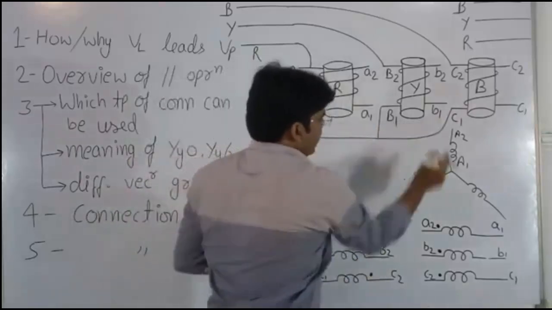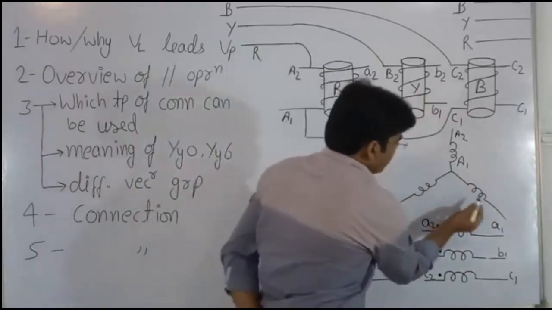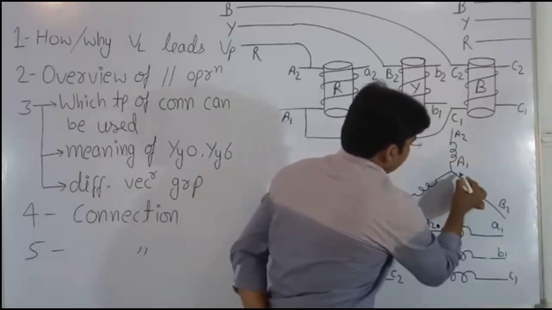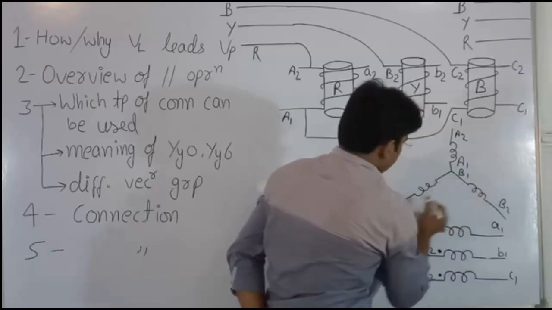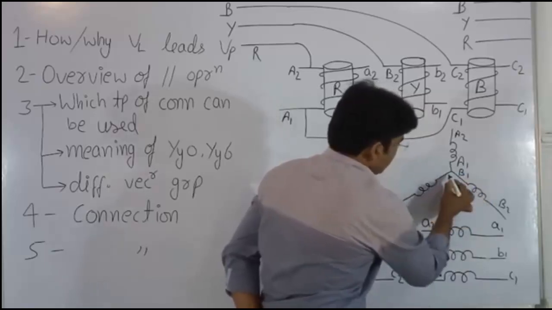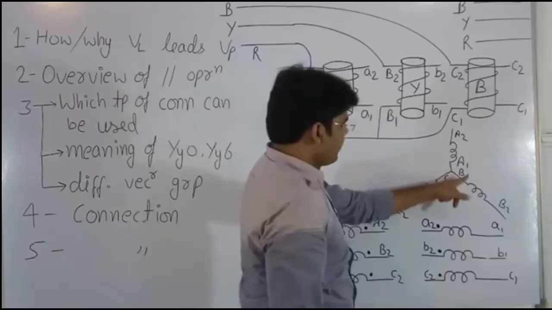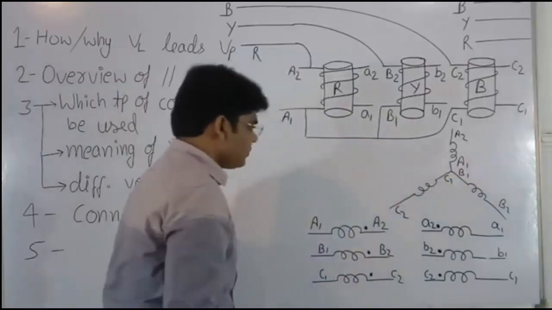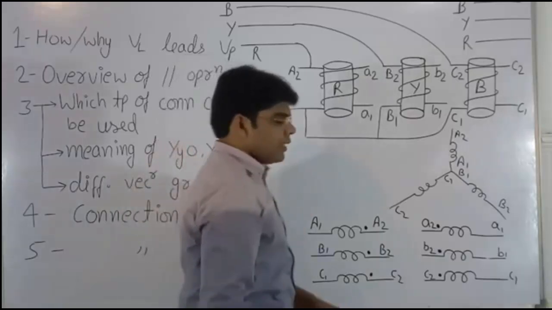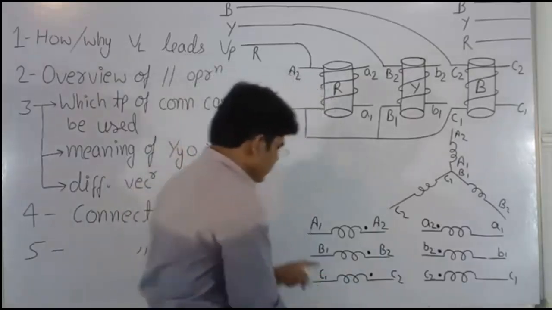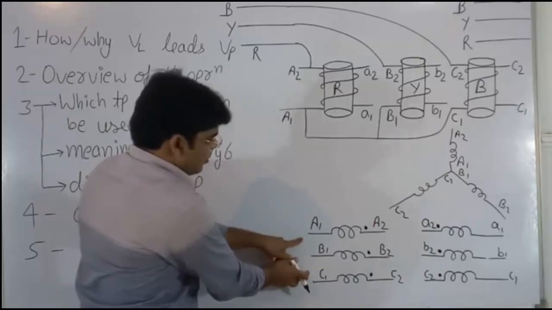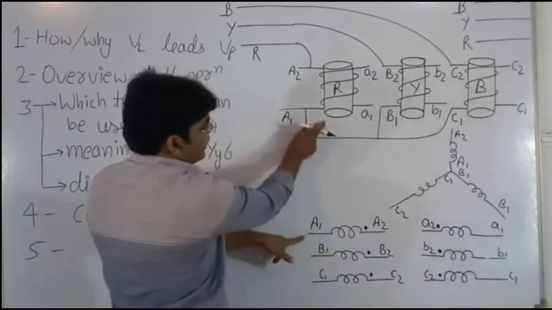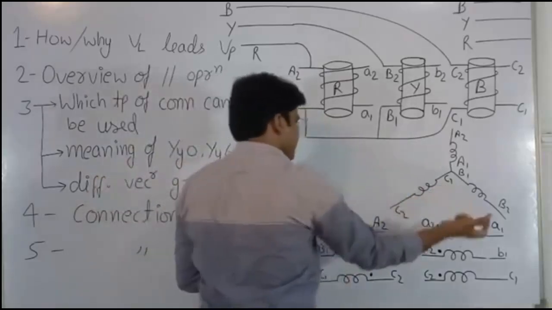A1, B1, C1 get connected to each other. Now, if I want to connect these windings, I can connect them from this diagram and from this diagram also.